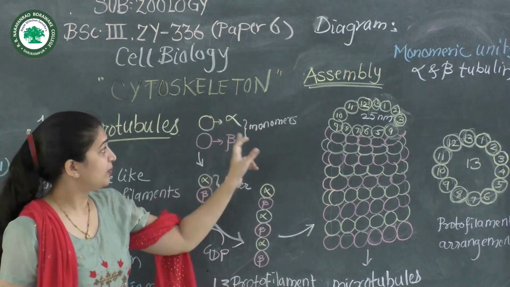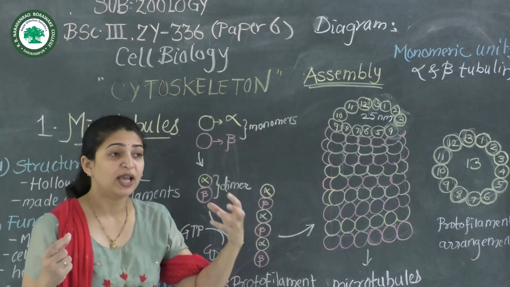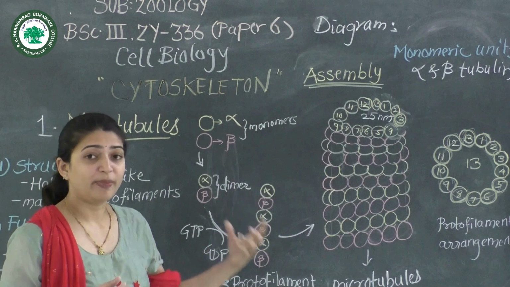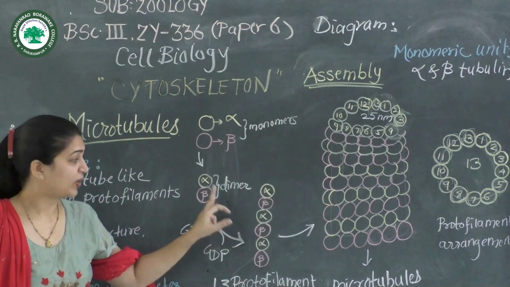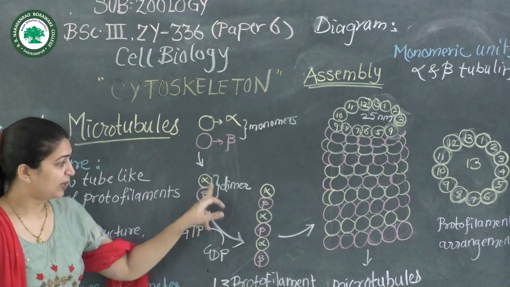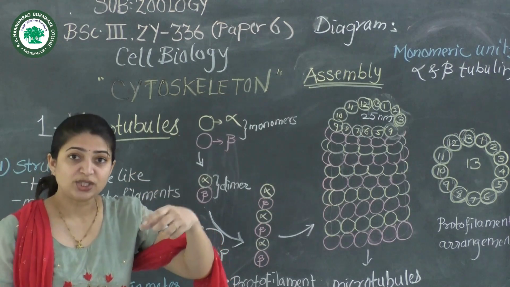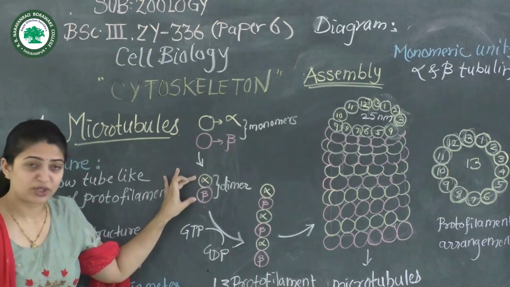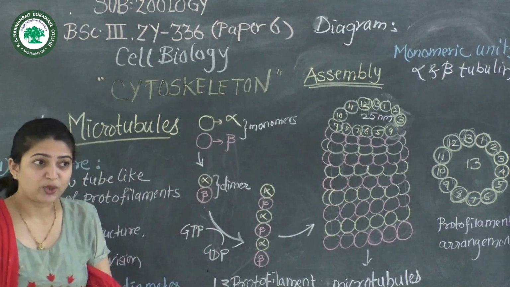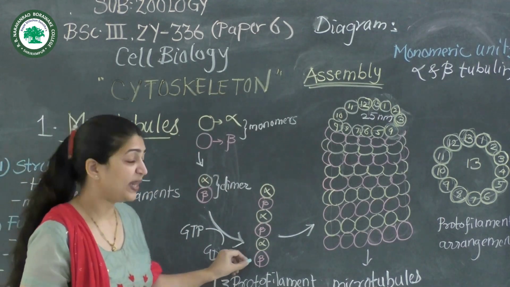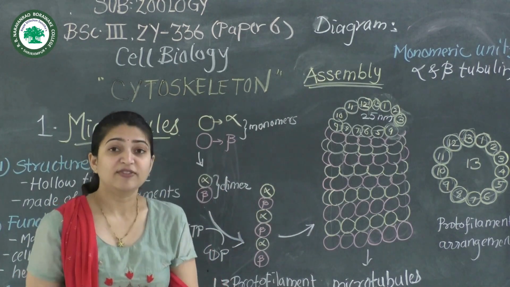The monomeric subunits, as I told, alpha and beta subunits, are separate monomers. But during the formation of microtubules, they come together and form a dimer. The dimers then get attached one by one and are arranged in a straight row, which forms a protofilament.